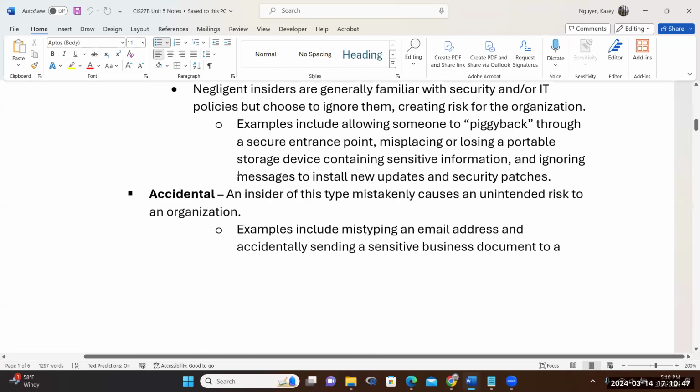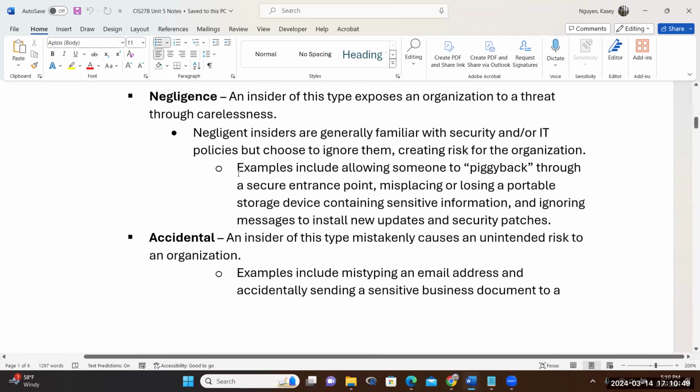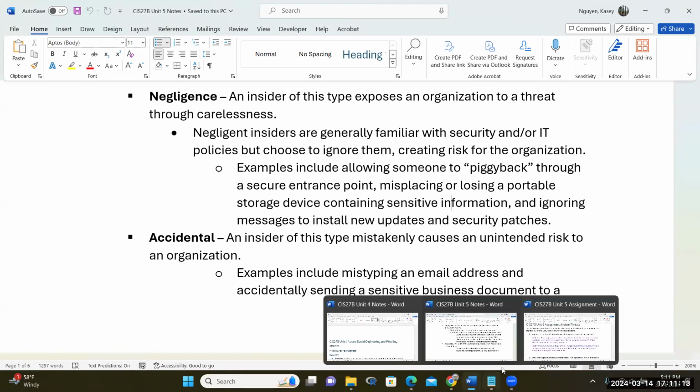For the accidental, it's just a mistake that's made and it's not intentional. Okay. Like people mistyping email addresses and they accidentally send sensitive data to other people instead of the intended party, right? And some of that is also carelessness too. But sometimes things get pre-filled in your send-to area, and that's what you would see.